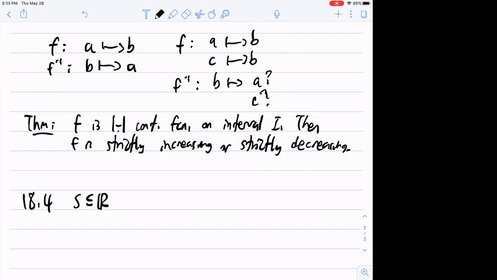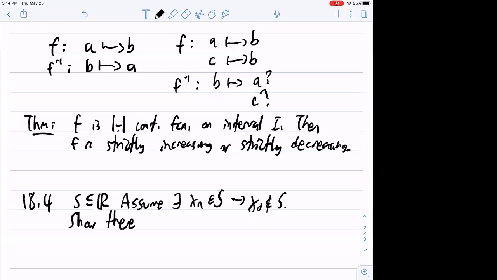S in R. Assume there exists x_n in S going to x_0 not in S. Show there is an unbounded continuous function on S. Can anyone tell me what this function is?